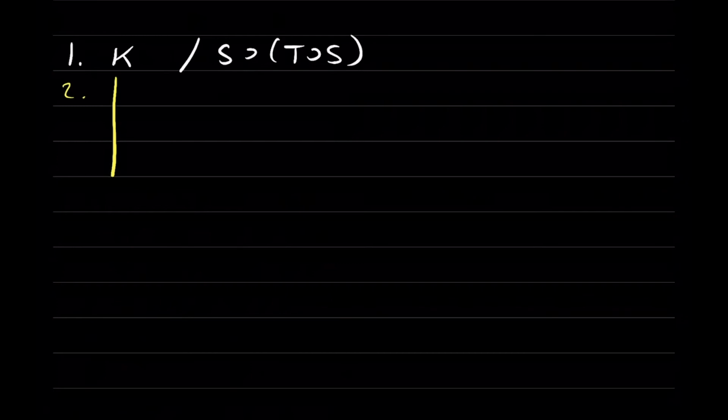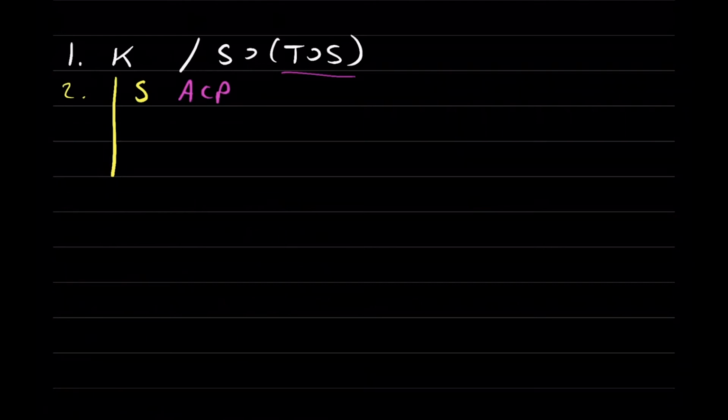We're going to assume the antecedent of that conditional, S. And that is by ACP, an assumption for conditional proof. The goal then is to get this expression in parentheses, T implies S, inside the scope of that vertical line. But what I see right off the bat is that that itself is another conditional. So I can do another conditional proof inside this one to get that conditional.